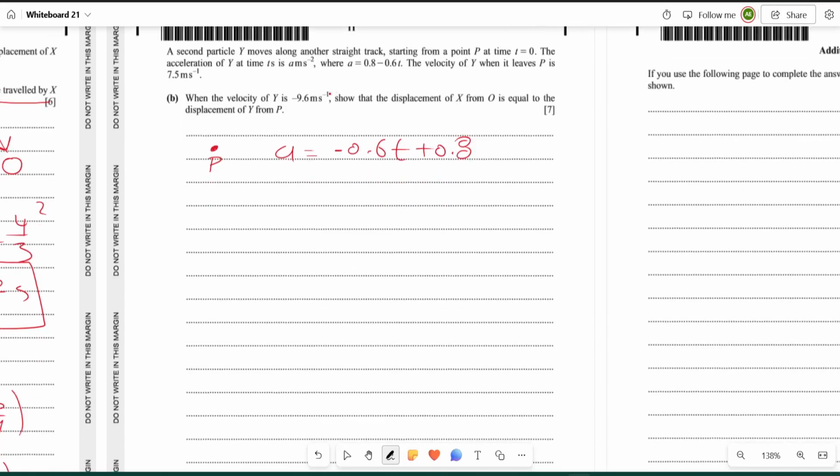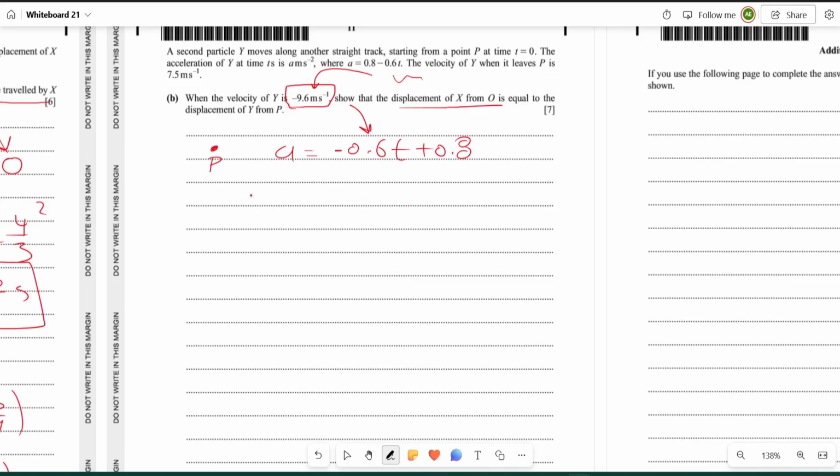When the velocity of y is negative 9.6, show that the displacement of x from O, so x is the previous particle, is equal to the displacement of y from P. So basically we need to know what time y will have a velocity of negative 9.6. When we get that time, we need to show that the displacement of particle y after that time is going to be the same as the displacement of x after that time, both from their original starting positions.